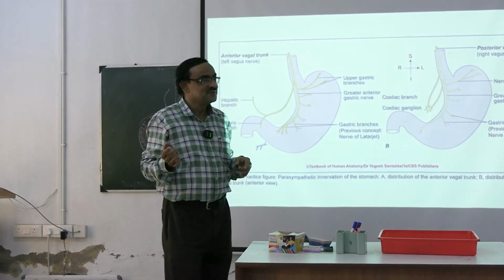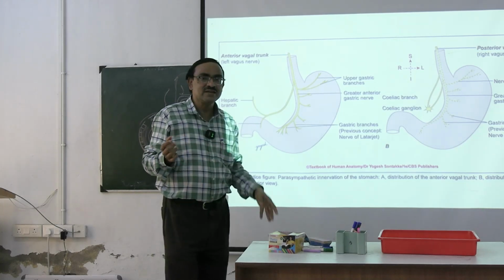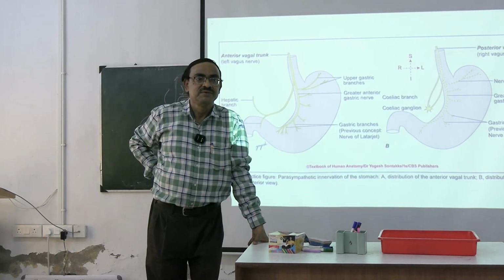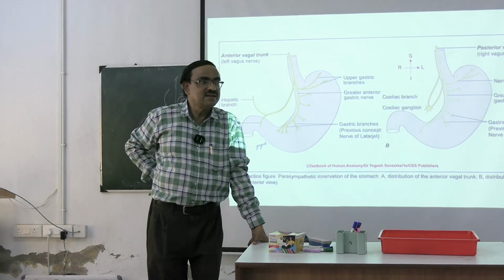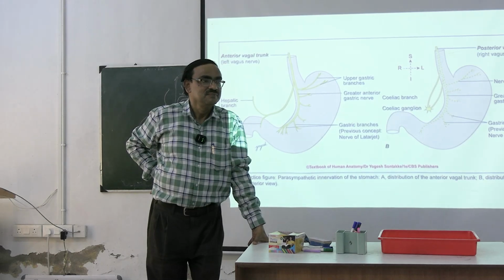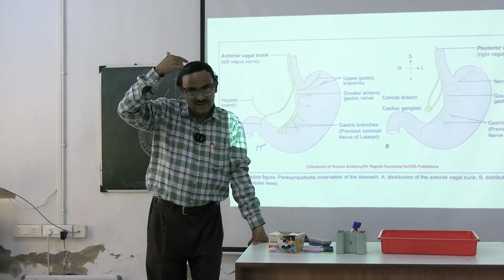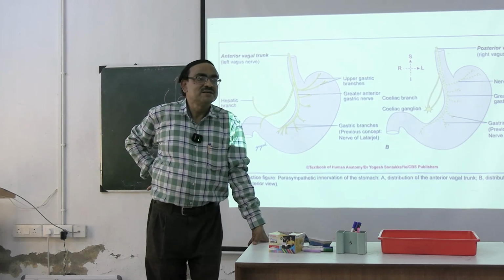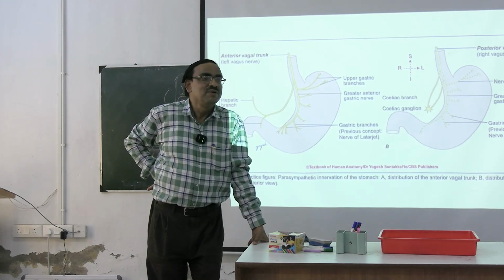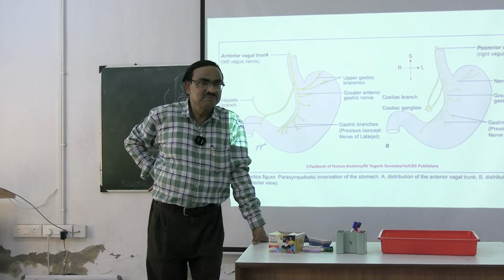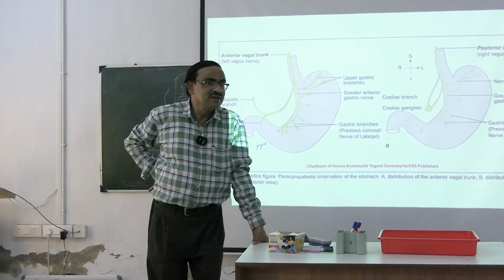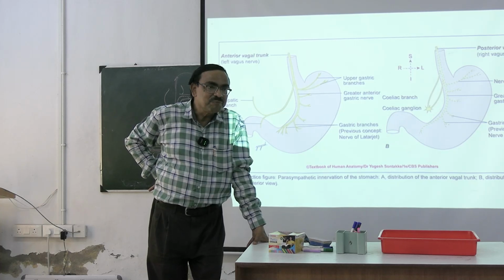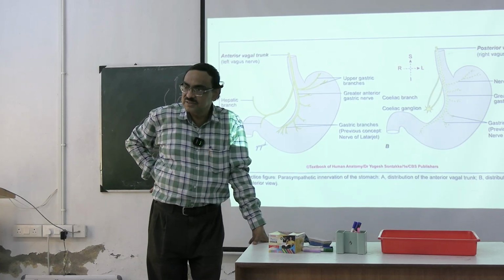Okay. So if there is excess stress or anxiety, it will pass through this vagus nerve, cranial nerve, and ultimately it will create excess secretion, and ultimately peptic ulceration and peptic perforation.